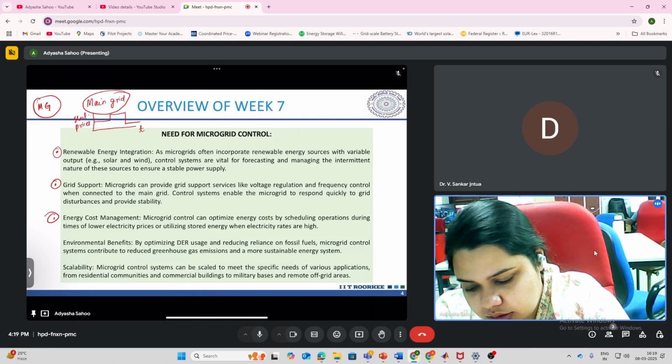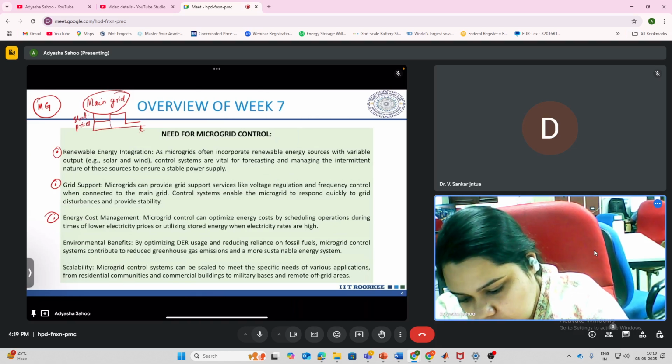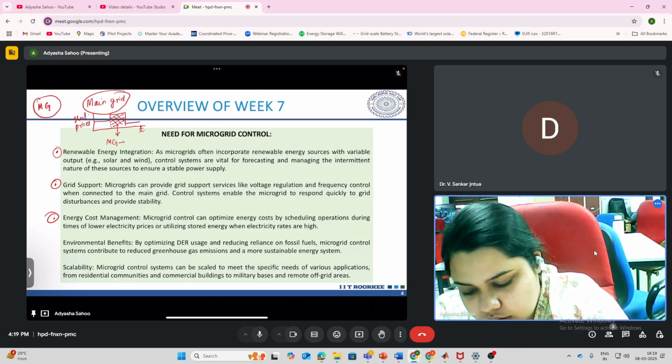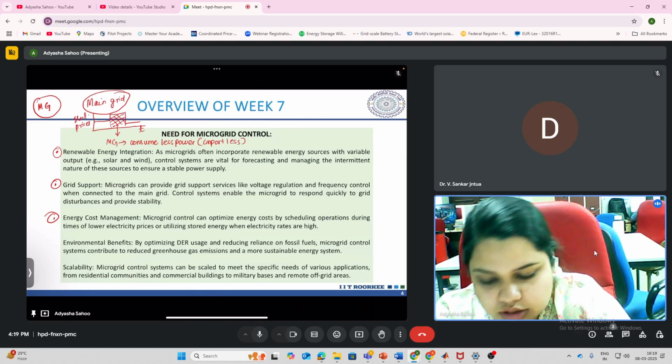So let's say you have this kind of electricity prices throughout the day. Then your aim will be, when you have high electricity prices in this region, during that time the microgrid will either consume less power, or import less if it is not having sufficient generation.